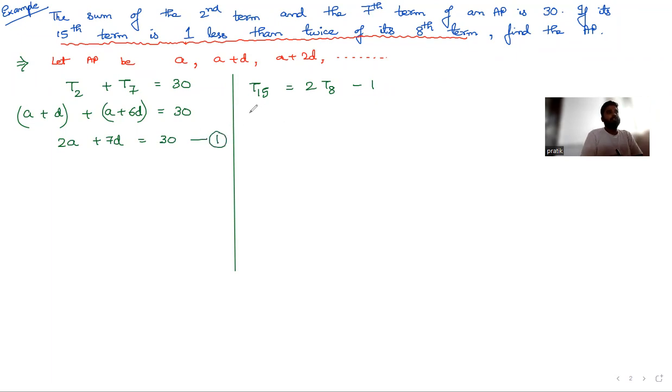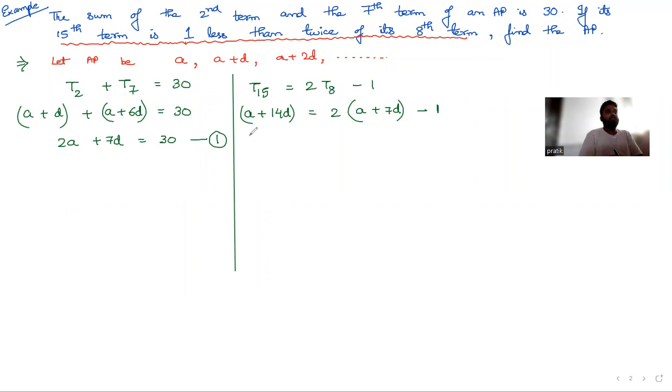Similarly, for the second condition, T15 is a plus 14d, which is equal to 2 times a plus 7d, because it's T of 8 is a plus 7d, minus 1. This 2 is not for the whole bracket, it's not for T1 as well as this number. It's just for the eighth term.